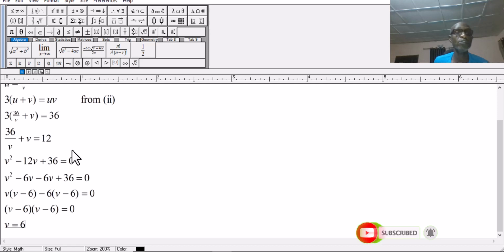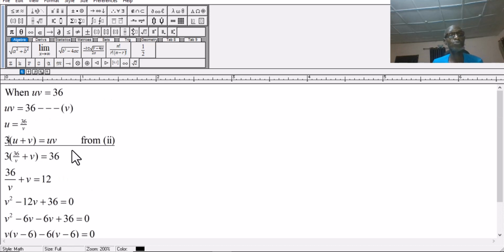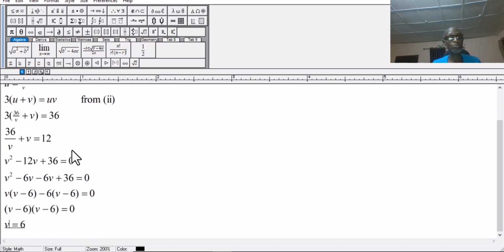So once we have gotten the value of our v, we can easily get the value of our u. Remember, our u is equal to 36 over v, which is the same thing as 36 over 6, which is the same thing as 6.